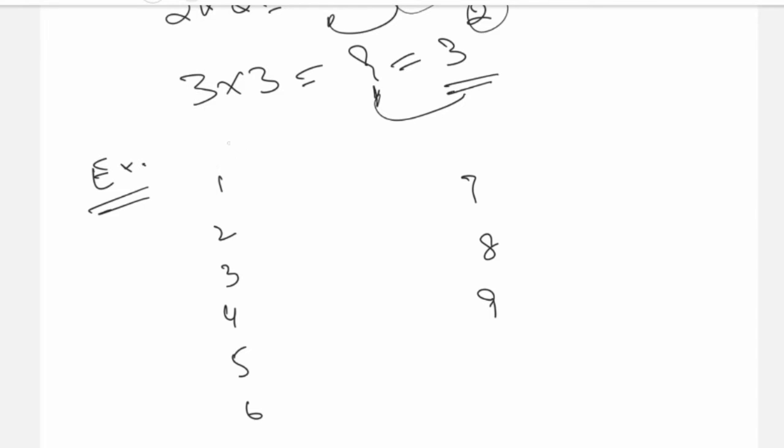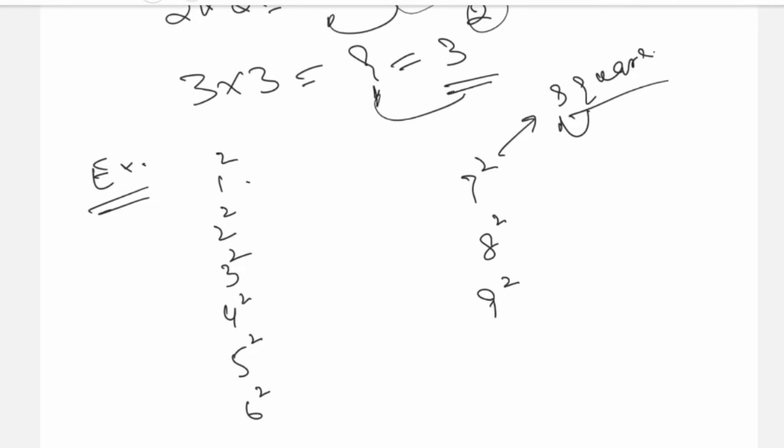Like 1 square, 2 square, 3 square, 4 square, 5 square, 6 square, 7 square, 8 square, 9 square. That 2 in the power is called a square. 1 square will become 1. Now what is 2 square?